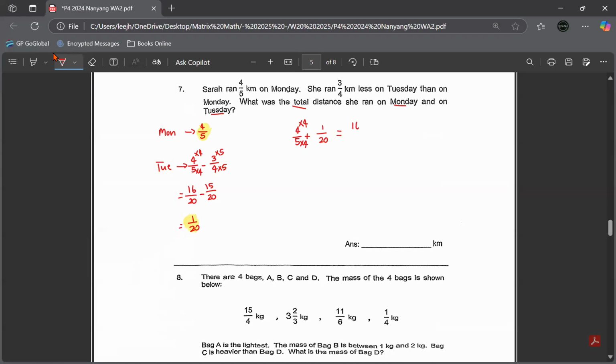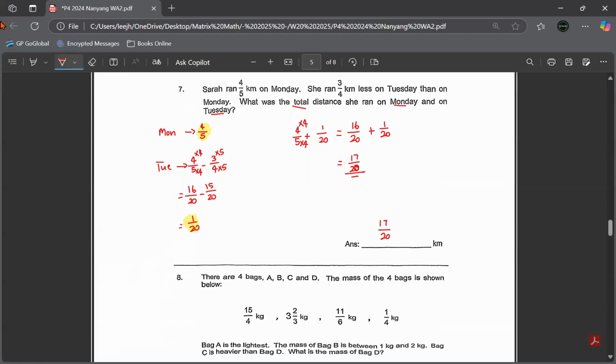So this will be 16 over 20 plus 1 over 20. Your answer is 17 over 20. If you look at this, you cannot simplify anymore. So your answer will be 17 over 20 kilometer. Sorry, I write the 17 properly. That's your final answer. Okay.